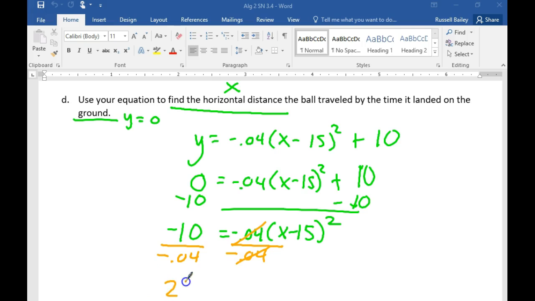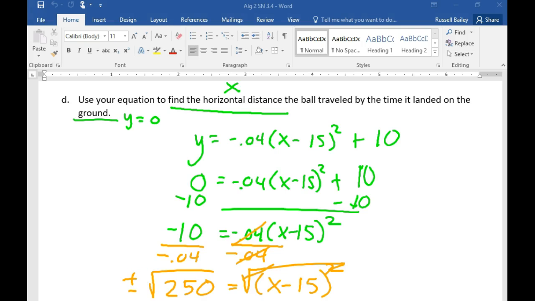A negative and a negative cancel out. Now what? Square root it. And what special thing happens when you square root? It cancels out the square. That's true. But something else special happens. Plus and minus.